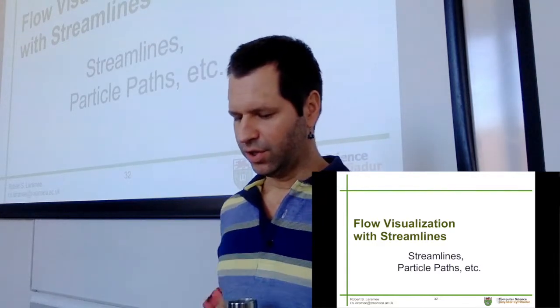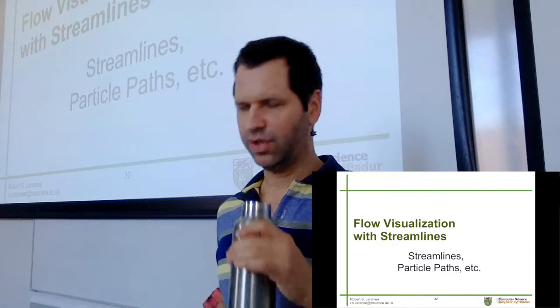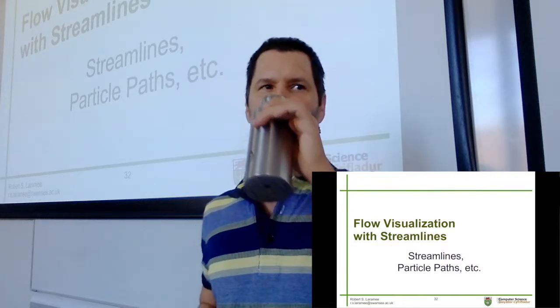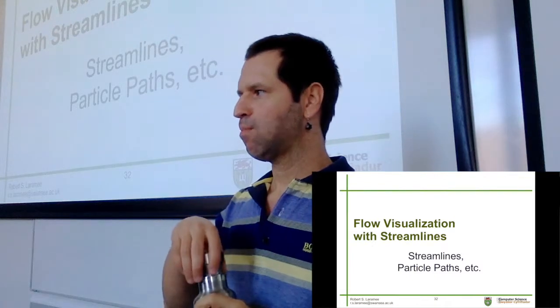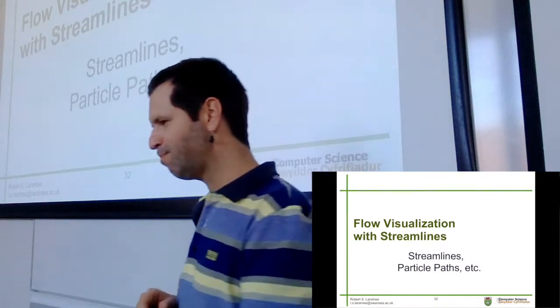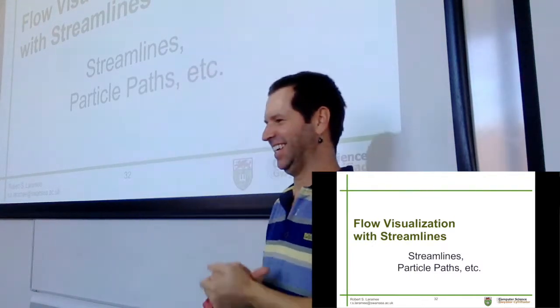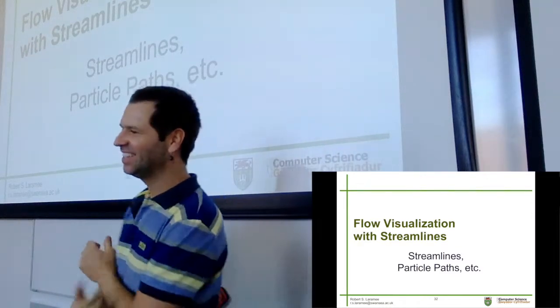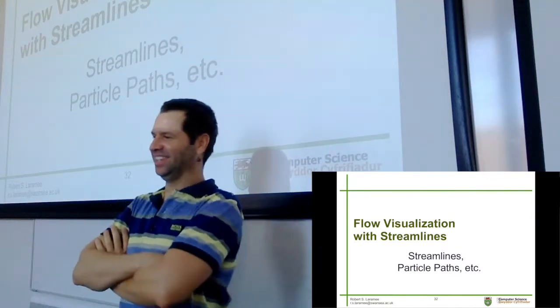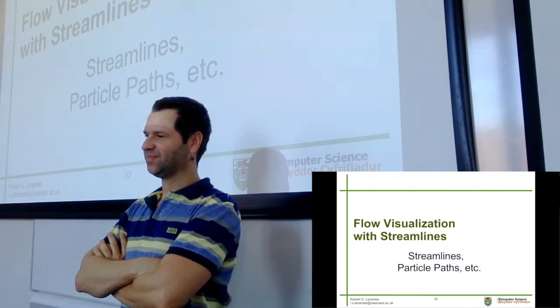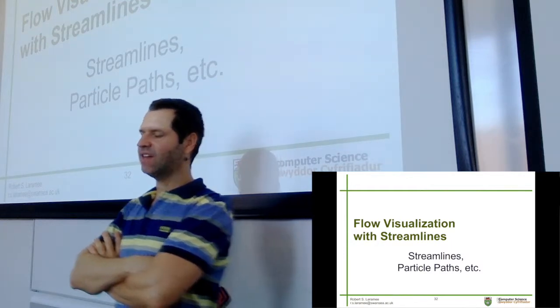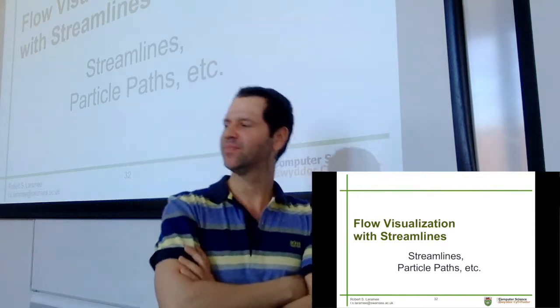Okay, so now we're going to talk about flow visualization with streamlines. Anybody remember what a streamline is? It's like an estimated path based on all of the vectors. Estimated path of what?